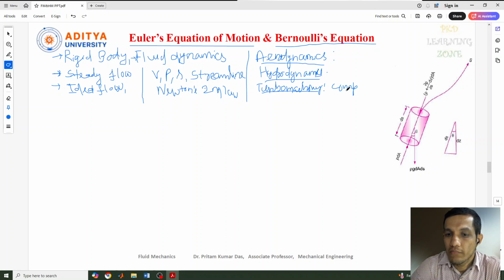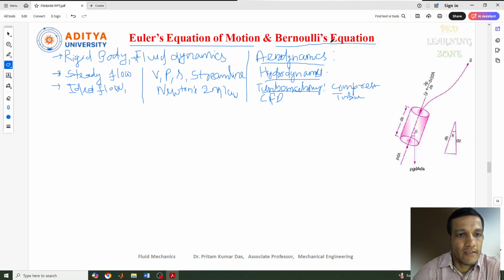When you design these parts and do some analysis on them, we can use this concept. We can also use it in gas turbines and jet engines. Even in CFD analysis we consider Euler's equation of motion. So these are some applications of Euler's equation of motion.